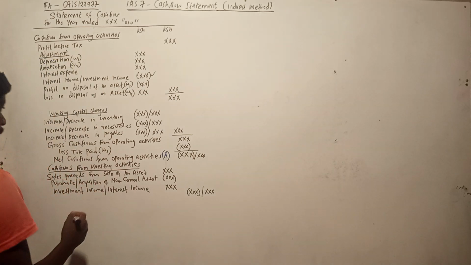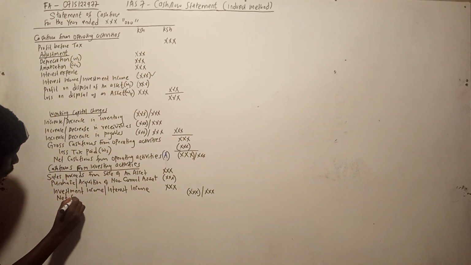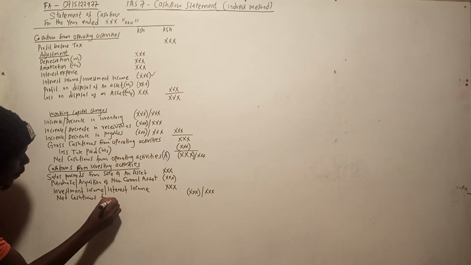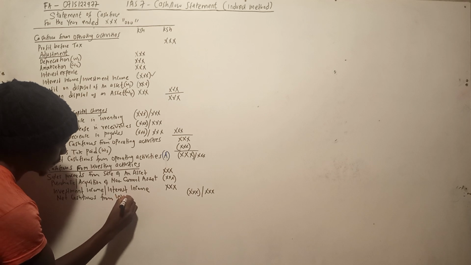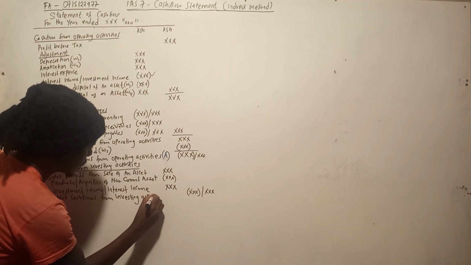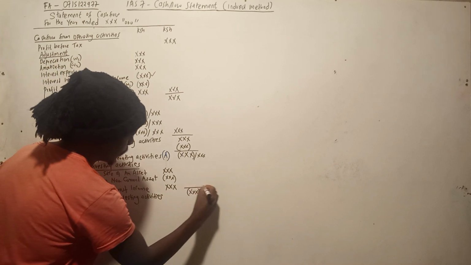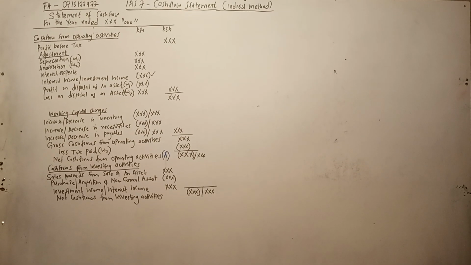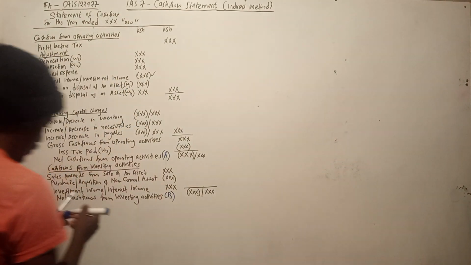So we shall get the net cash flows from investing activities. Hiyo hapo, we call it B.